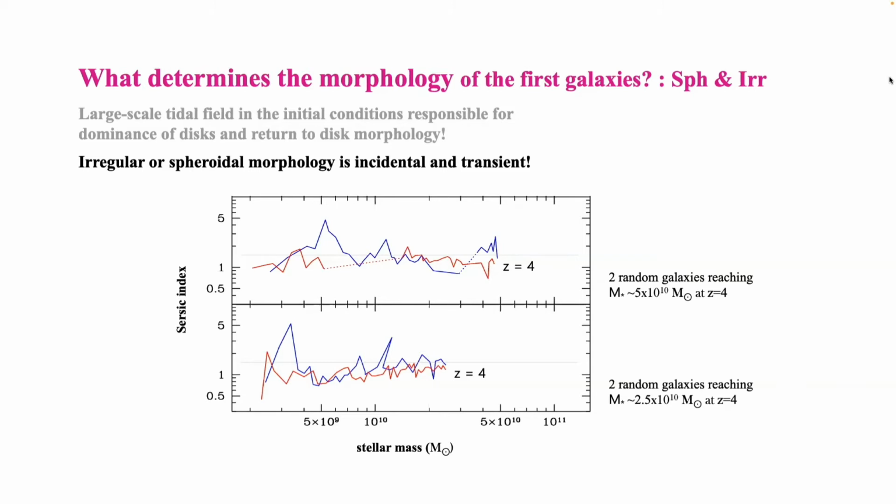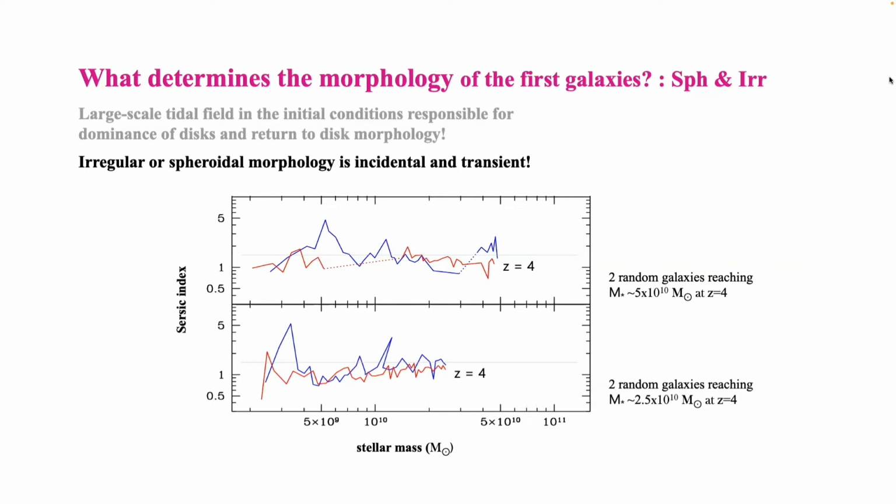When the Sérsic index is below this line, we call them disk type. You can see that most of the time, galaxies spend their life as disk, and occasionally they cross and go up, and then some time later they come down. So they temporarily become irregular.